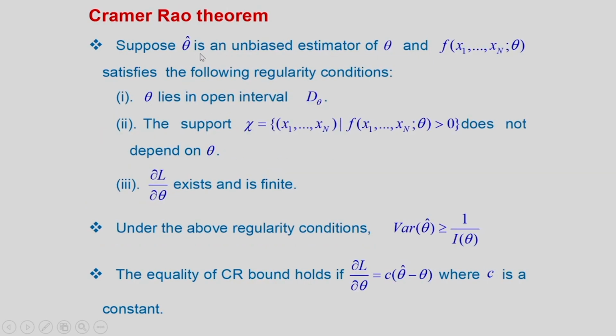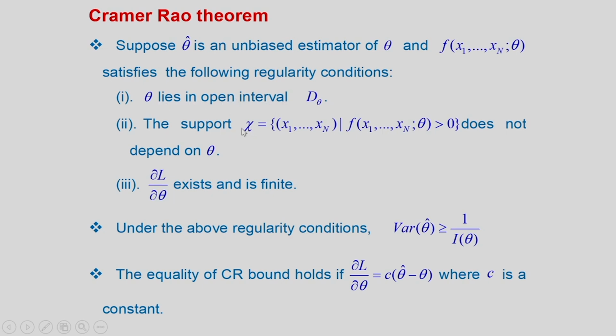Suppose theta hat is an unbiased estimator of theta and f x1 x2 up to xn; theta satisfies the following regularity conditions. That is, theta lies in an open interval D theta; there is an interval D theta on which theta is defined.